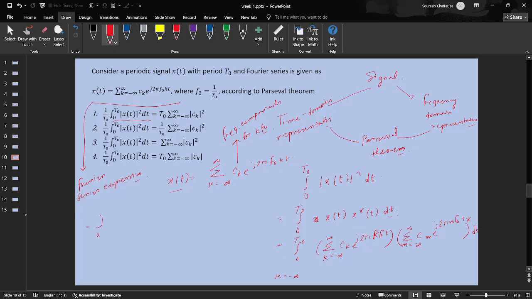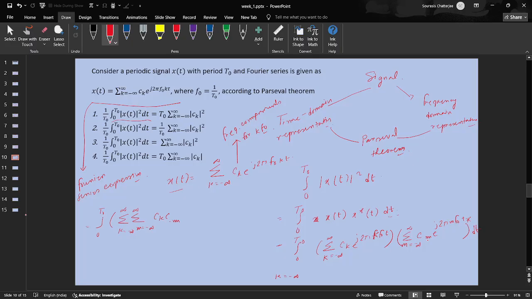So I am getting a double summation. k runs from minus infinity to infinity, m also runs from minus infinity to infinity, ck times c of minus m appears because I am taking the conjugate, so this term becomes negative.